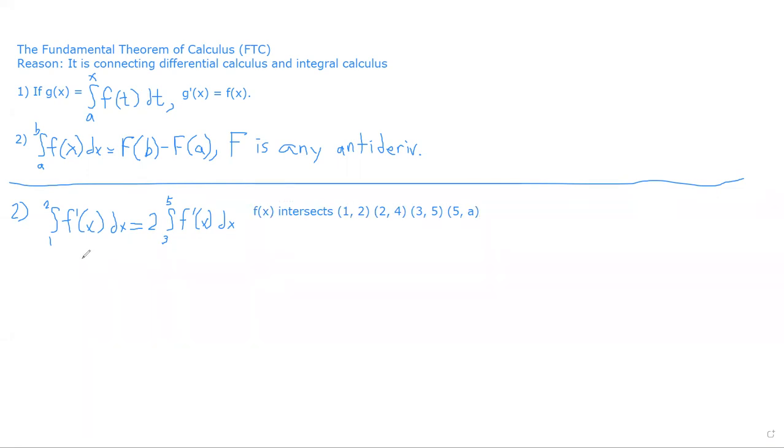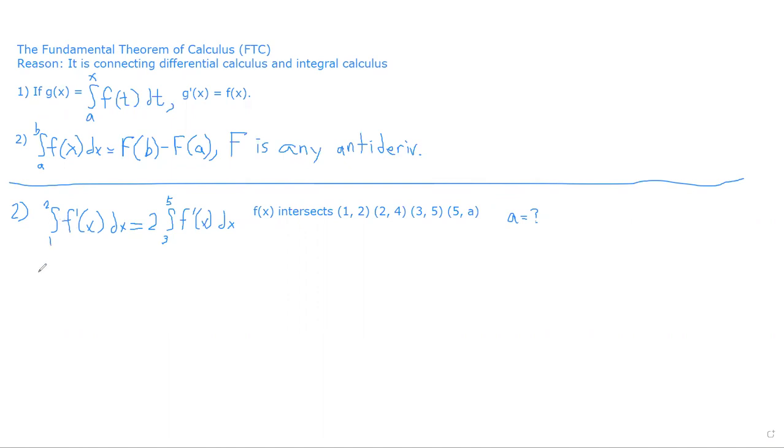So applying the fundamental theorem of calculus here, first of all, I'm going to say what is a, so keep our goal in mind. We first of all apply the fundamental theorem of calculus part 2. The antiderivative of f prime x is just f of x.